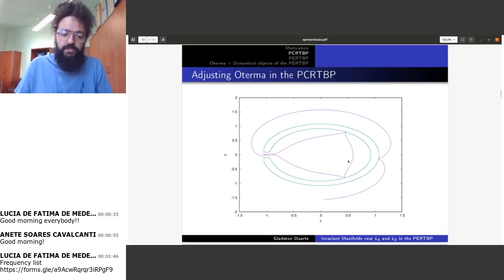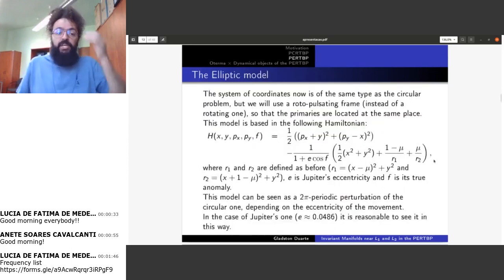This is the transition of this couple of decades where it's between Jupiter and Mars, and this is the region between Jupiter and Saturn. Okay, but we are not happy because no one likes arbitrary trial and error adjustments. So maybe this could mean that the circular model is not the best one.